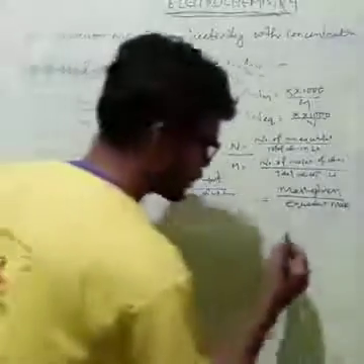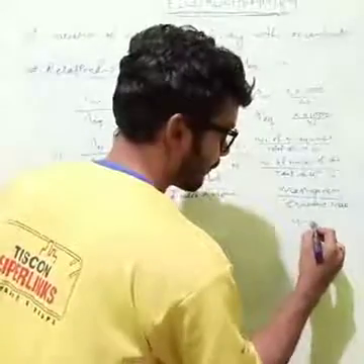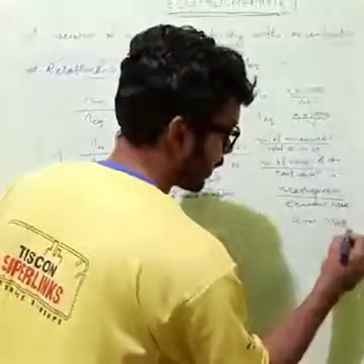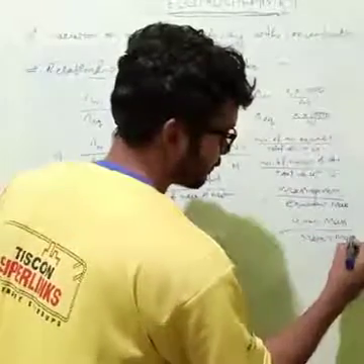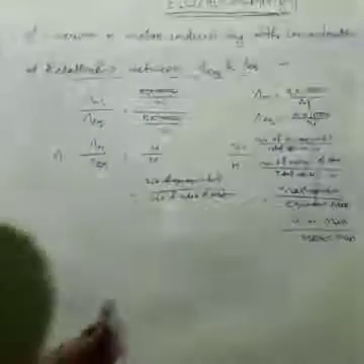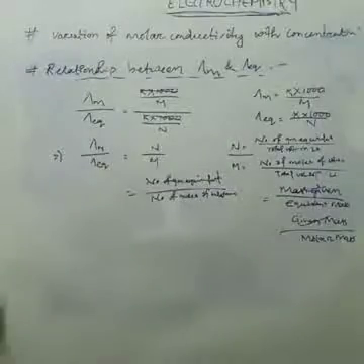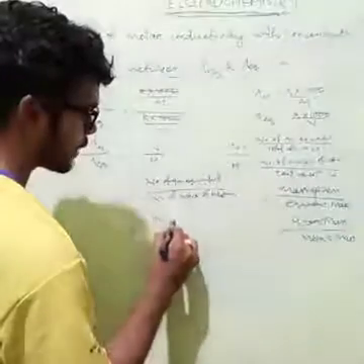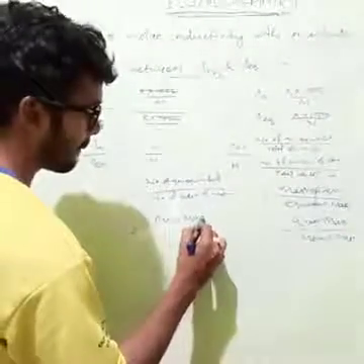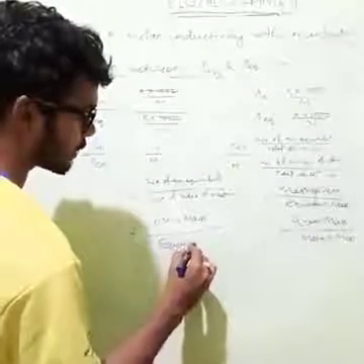That is n, given mass by molar mass. Yes or no? So again two things are common, here is given mass and here is also given mass. So this becomes molar mass divided by equivalent mass.